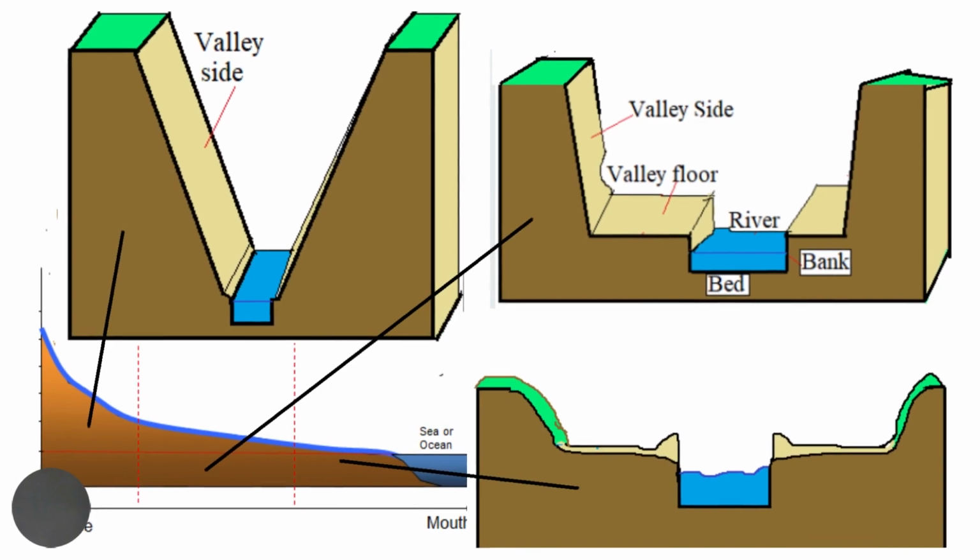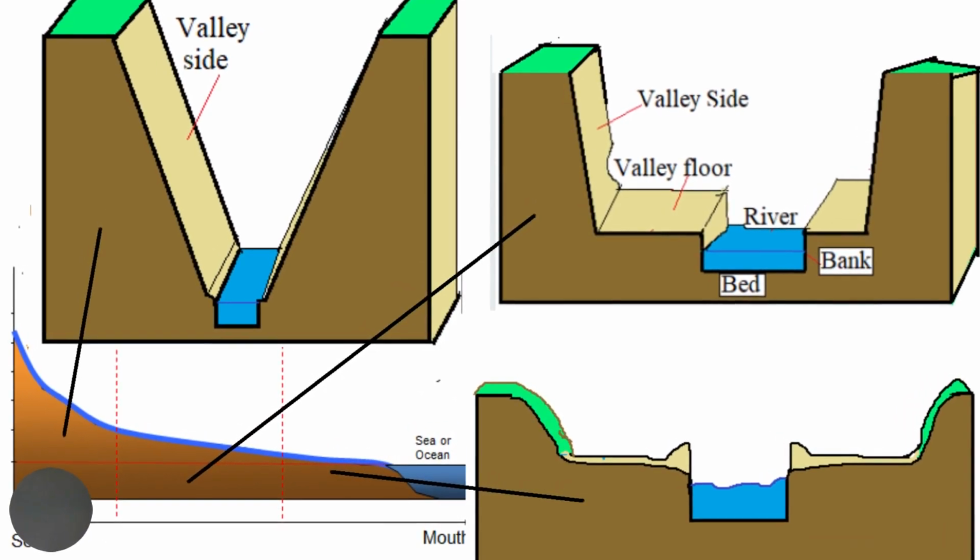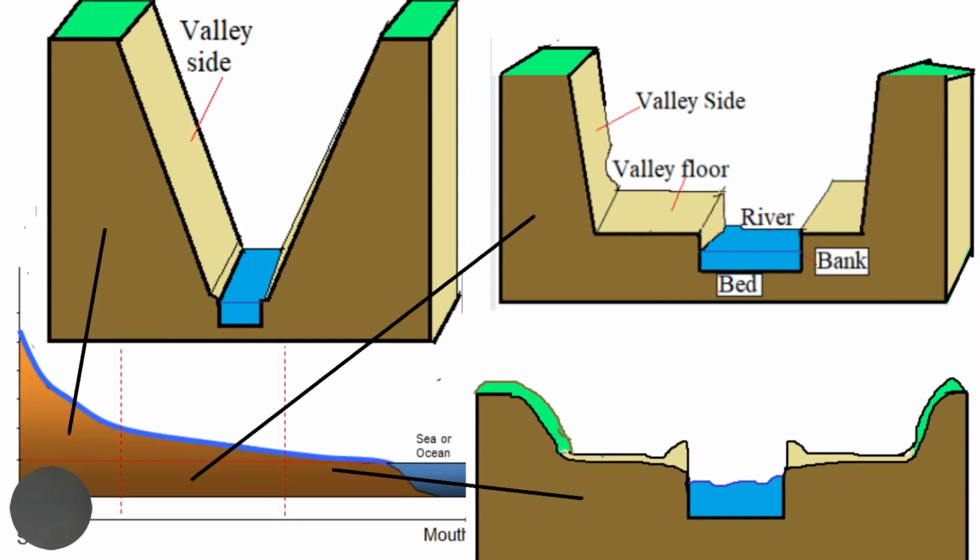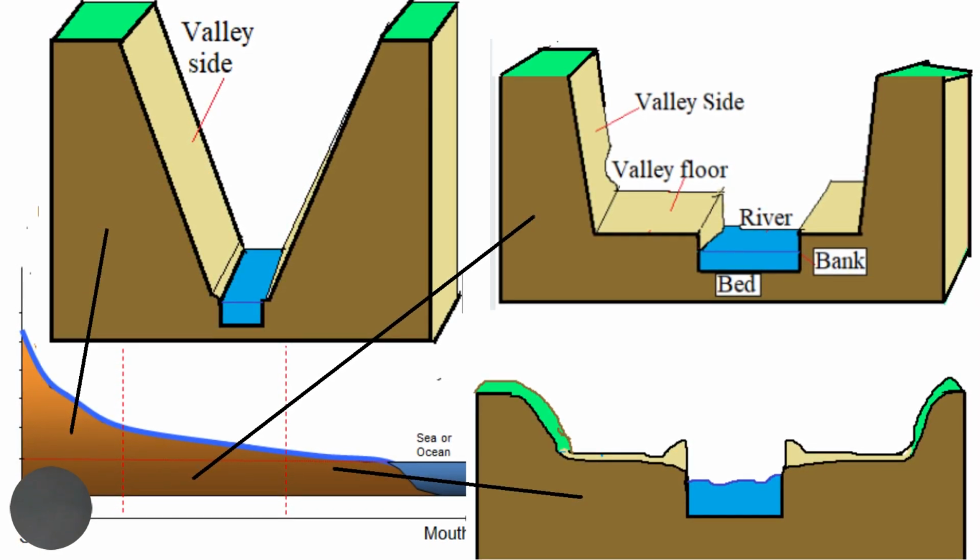We can also notice that we will not really see a valley floor so much in the upper course. But as we move to the middle and the lower courses, the valley floor will be more pronounced and will get wider.